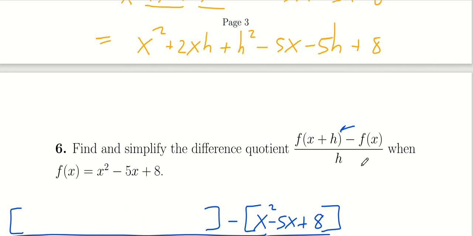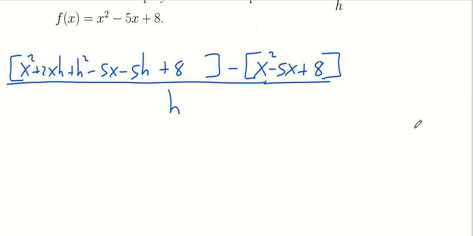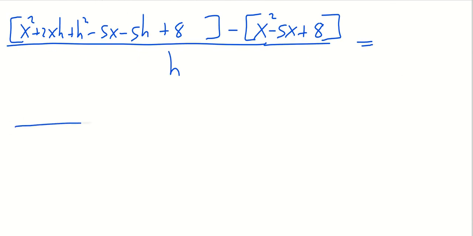So let's go ahead and plug that into our difference quotient. X squared plus 2xh plus h squared minus 5x minus 5h plus 8. It's all set up for us. Now it's time to go ahead and simplify this.